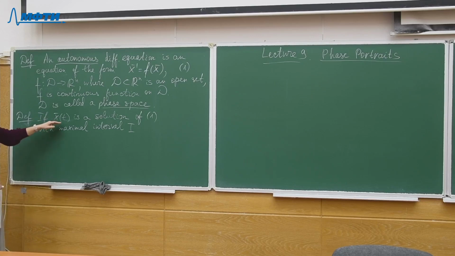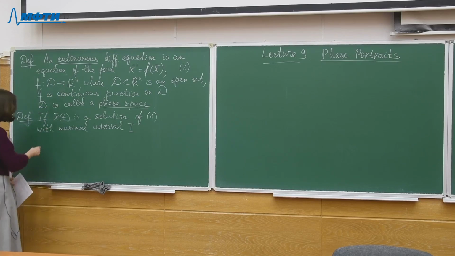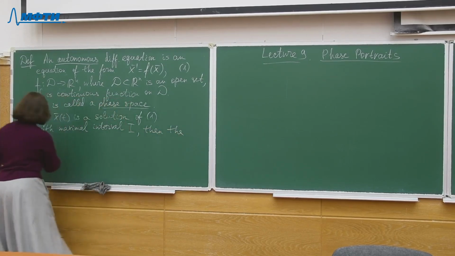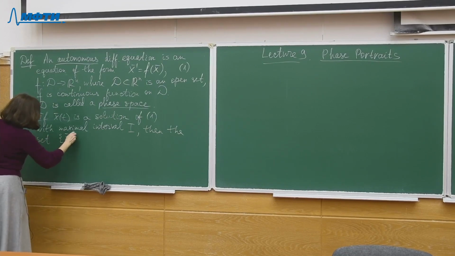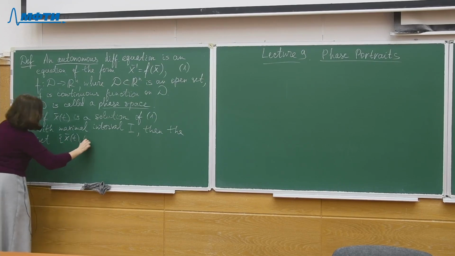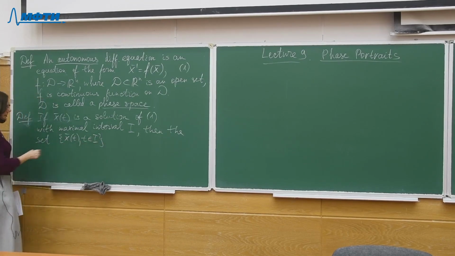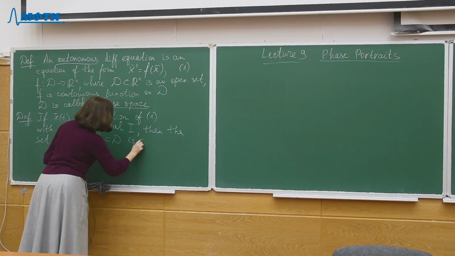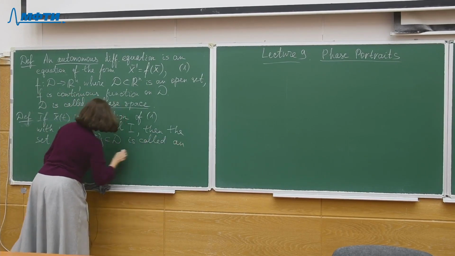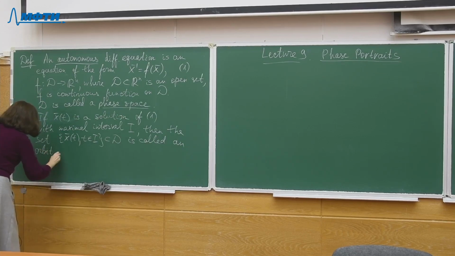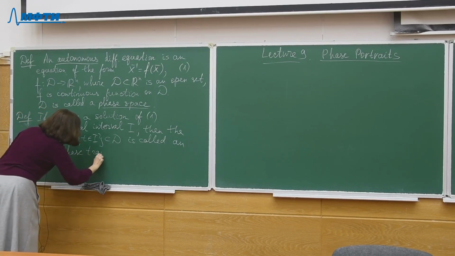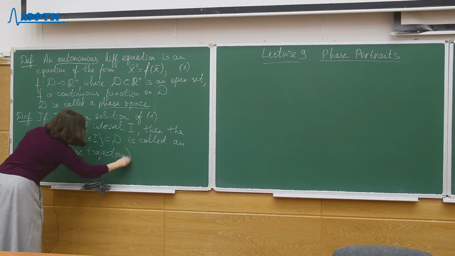So if x of t is a solution of this equation with a maximal interval I, then the set of points x of t, it is in D, is called an orbit or phase trajectory.